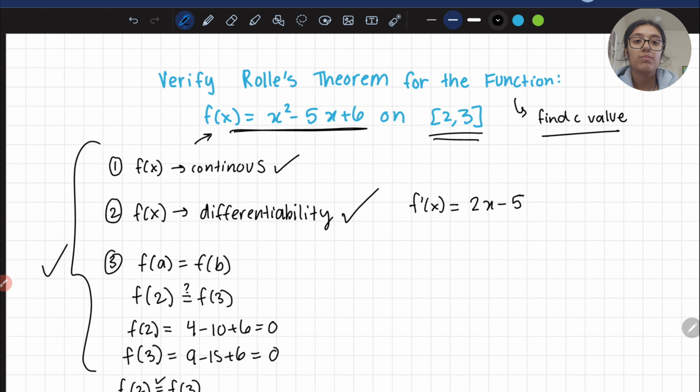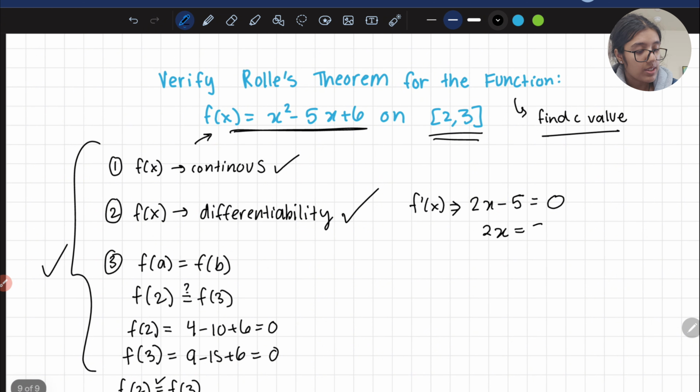And that's the slope of every single point on the curve. But we want the point where we draw a tangent. The slope of that tangent is going to be 0. So I'm going to assign it equal to 0. And let's find the value of x. Or in this case, this x value will be our c value.